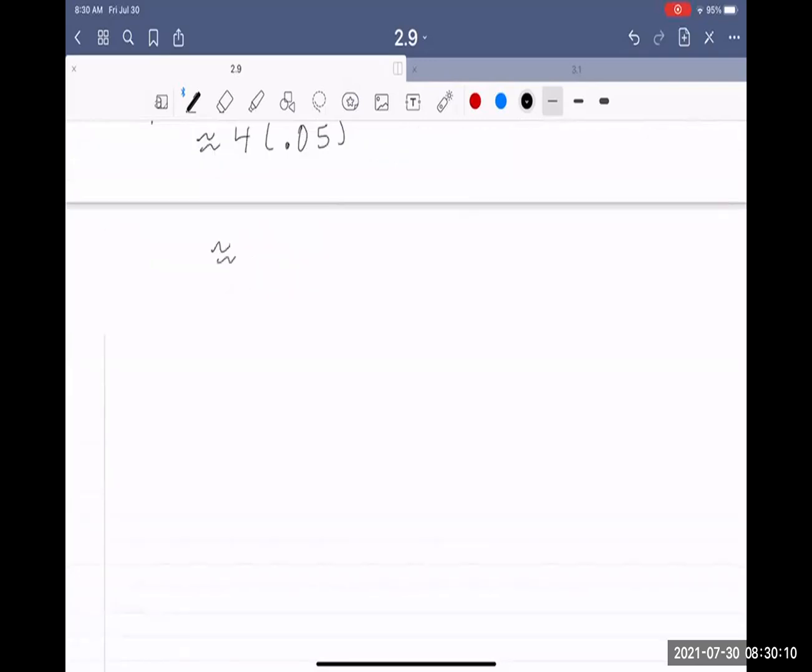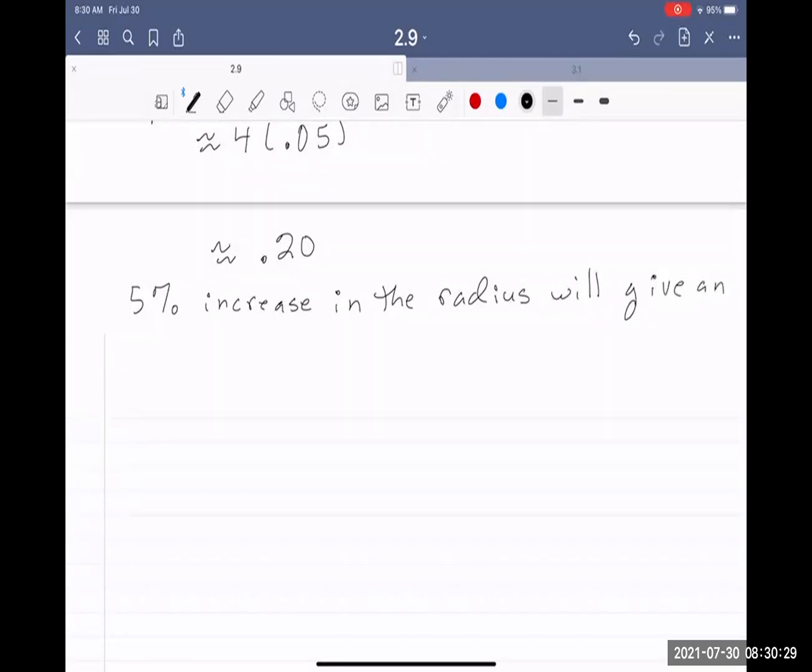So a 5% increase in the radius will give an approximate increase in the blood flow by 20%.